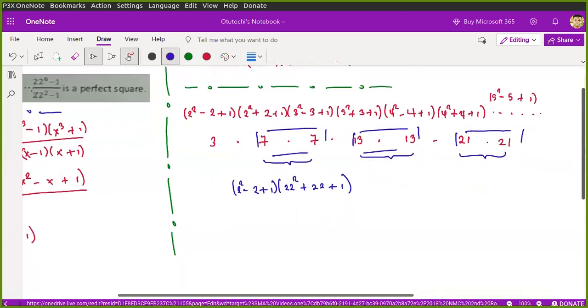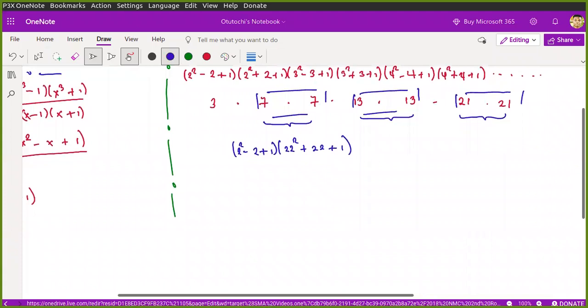So basically, to prove this, we just have to show that a squared plus a plus 1 is equal to (a plus 1) squared minus (a plus 1) plus 1, right?